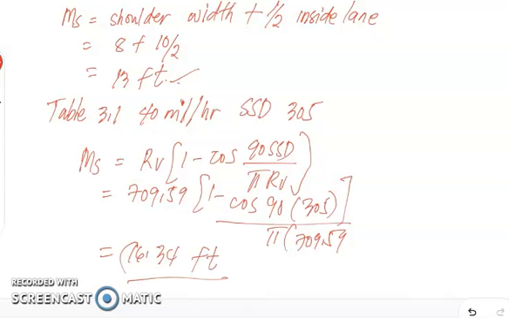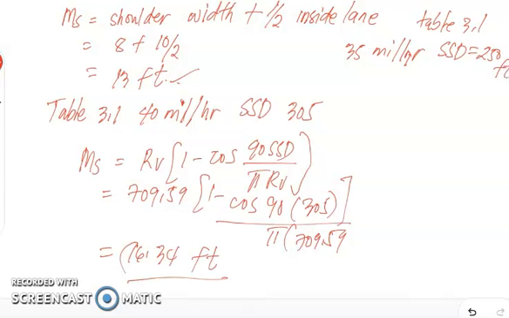If we're going to consider a 35 miles per hour design speed, our SSD from table 3.1 again is 250 feet.